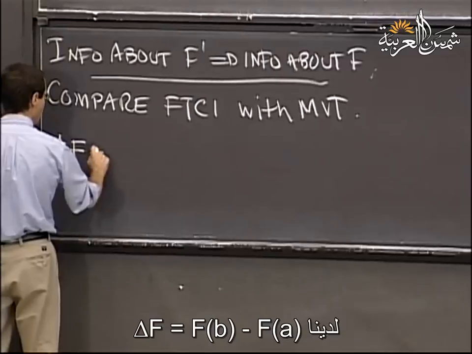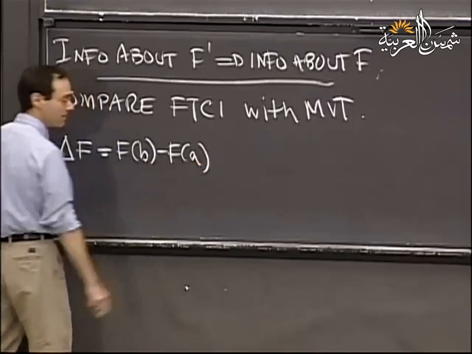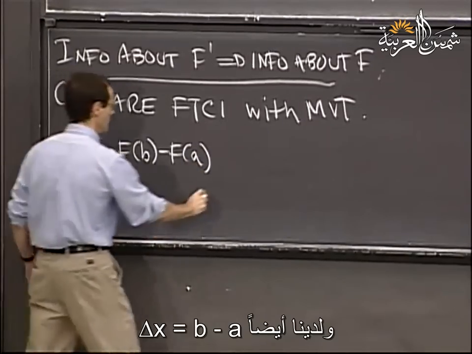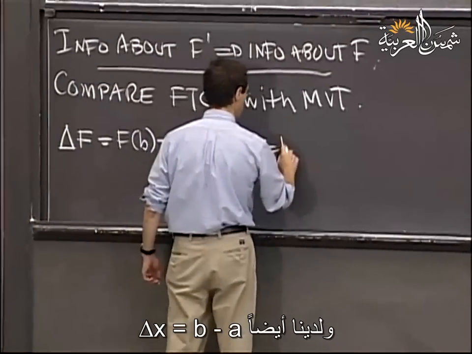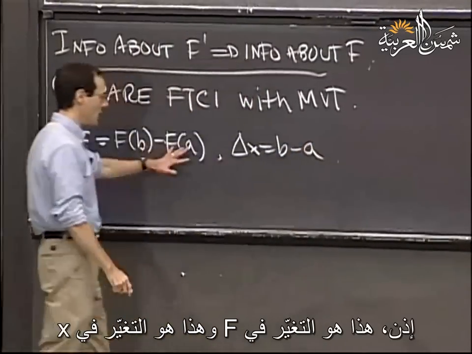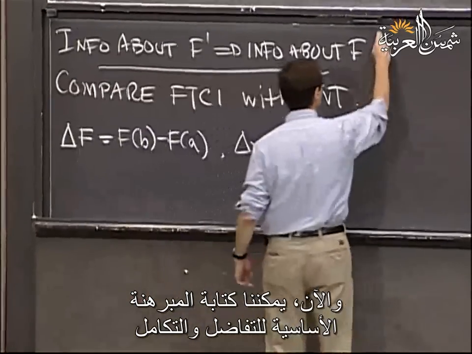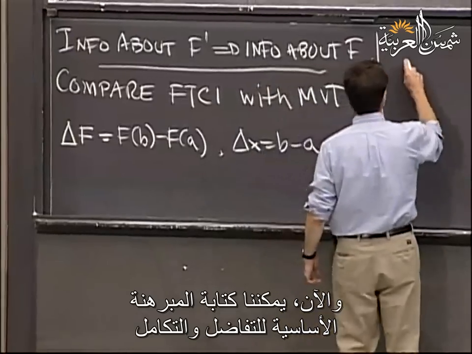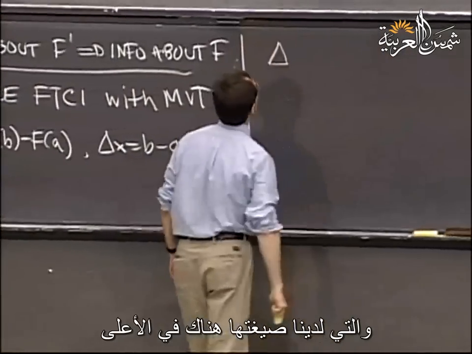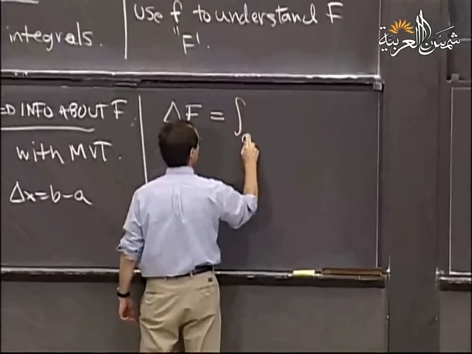I'll write delta f is f of b minus f of a. And another highly imaginative notation, delta x is equal to b minus a. So here's the change in f, there's the change in x. And then this fundamental theorem can be written, of course, right up above there is the formula, and it's the formula for delta f.